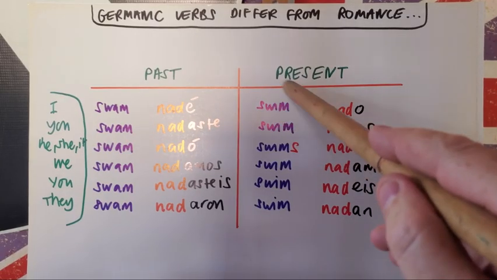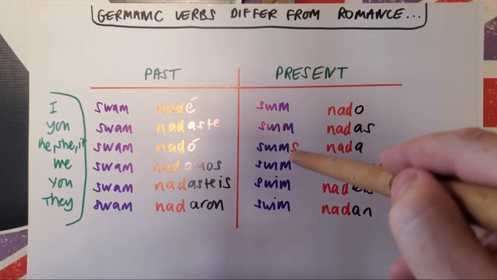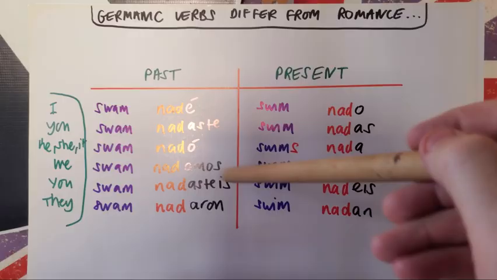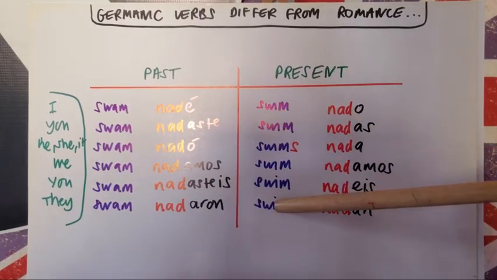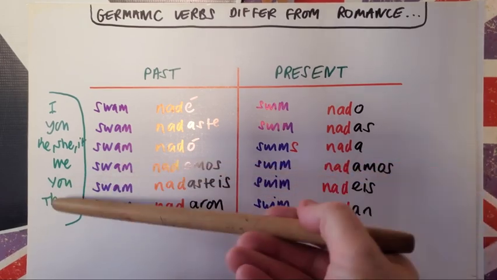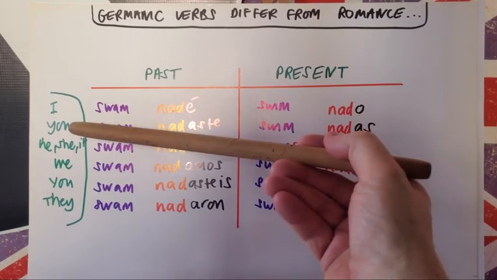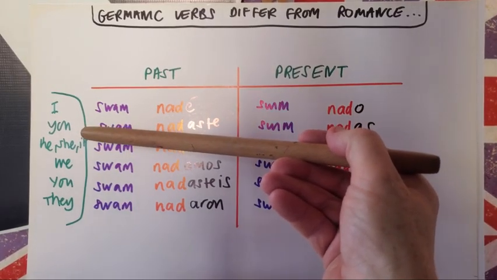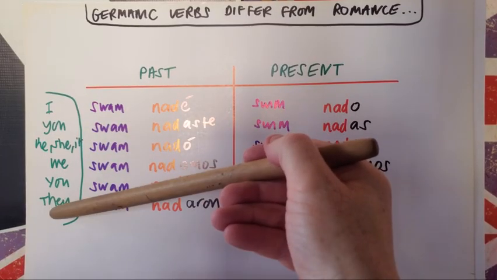Again, in the present tense as well. Swim, swim, swims. Like swam, if I say swim, swim, swim, you need to say, well, they swim or I swim. What do you need? You need the subject pronoun.